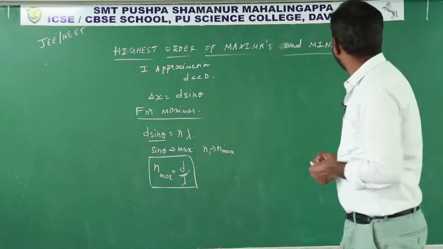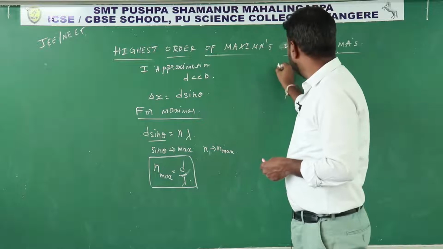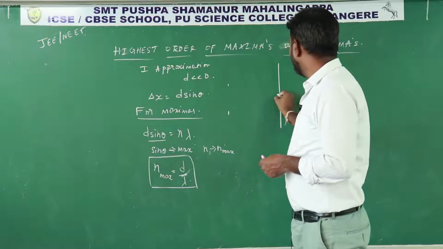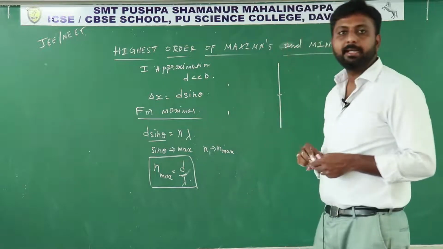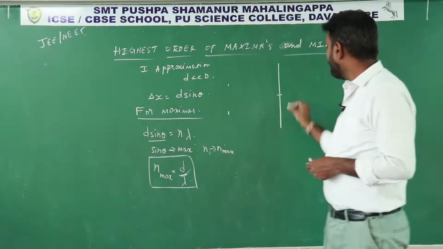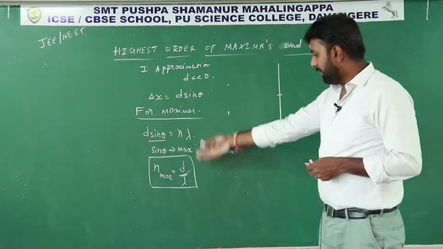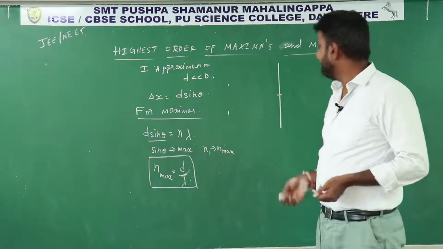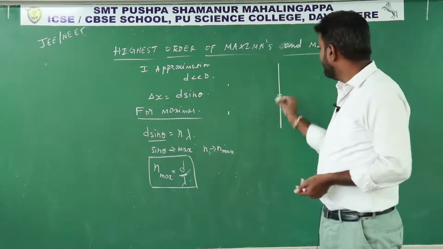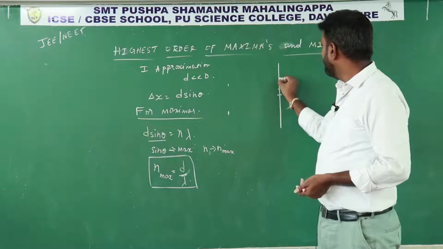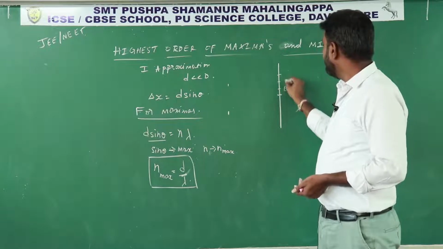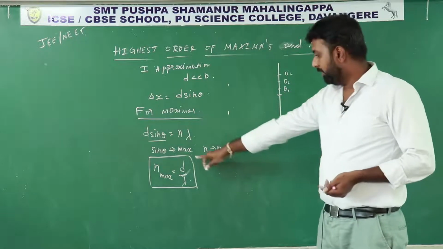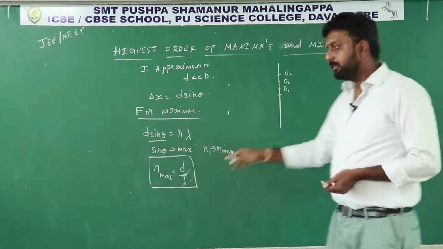That means let us consider this is the screen, these are the two slits, and here the central bright fringe will form. Suppose after substituting the value we got the answer as 3, then what is the meaning?